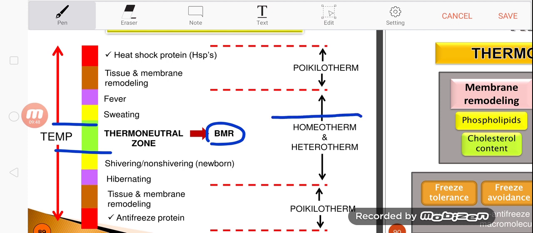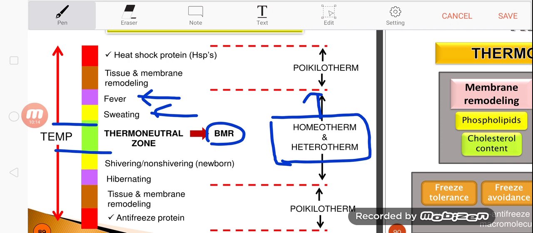Usually the homeotherm and heterotherm have a constant body temperature, right? But when the homeotherm is facing high temperature, you can see that the homeotherm starts to sweat to reduce the temperature, or the homeotherm has a fever.